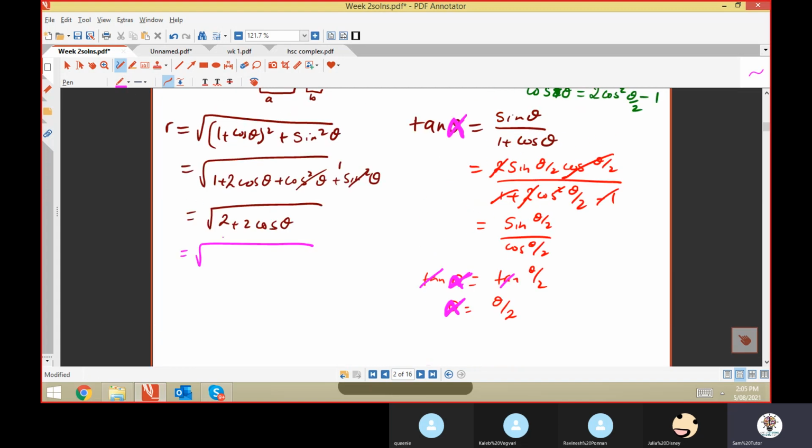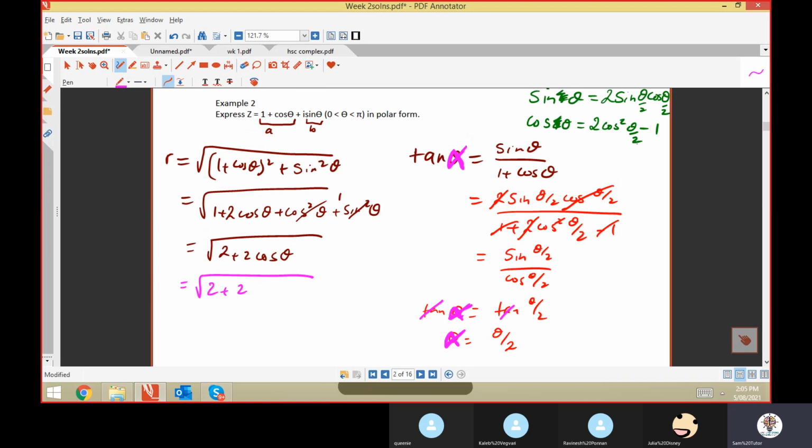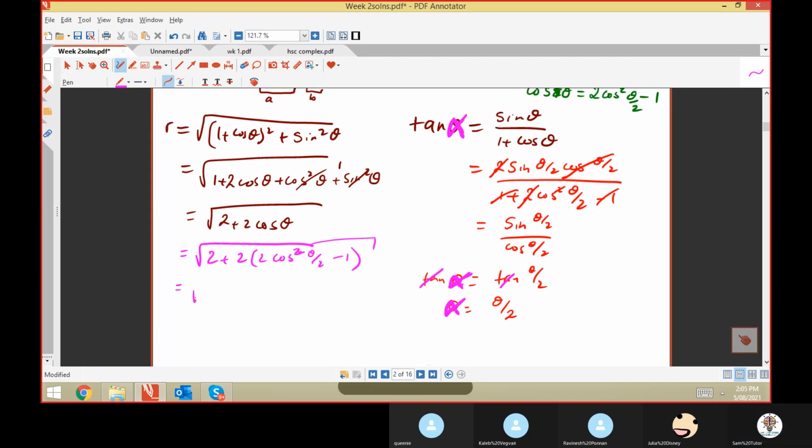All right. So where are we? Back to this one. 2 plus 2 cos theta, which we'll still choose this one here, minus 1. Expand. 2 and 2 cancels. What's the square root of 4?